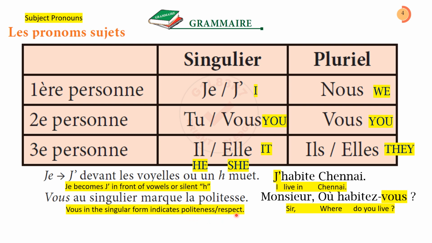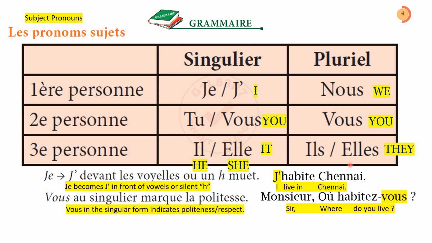And then in the third person singular, you have il, meaning he, and elle, meaning she, or it can also mean it. In the first person plural, you have nous, meaning we, and in the second person plural, you have vous, meaning you. And in the third person plural, you have ils and elles, meaning they.